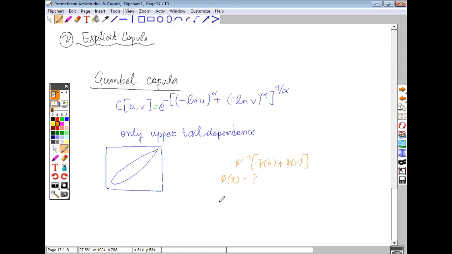Would anyone want to guess? So remember, what I have to do is look for this function within this formula right here.